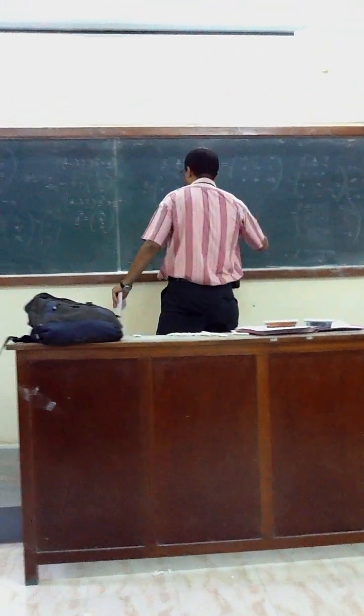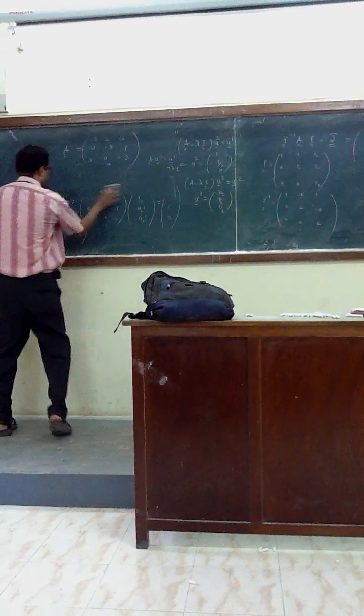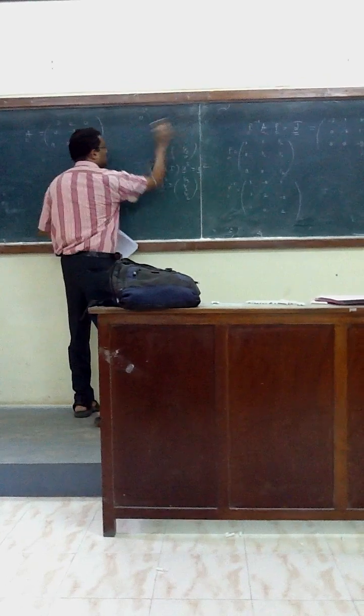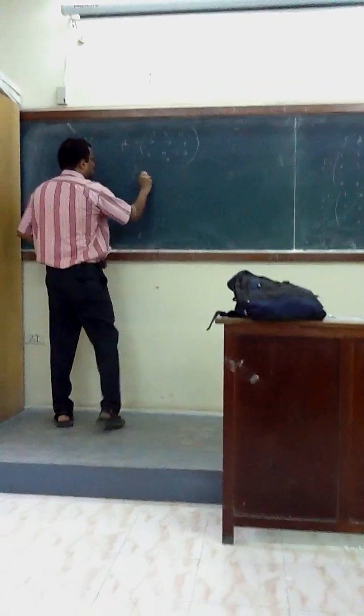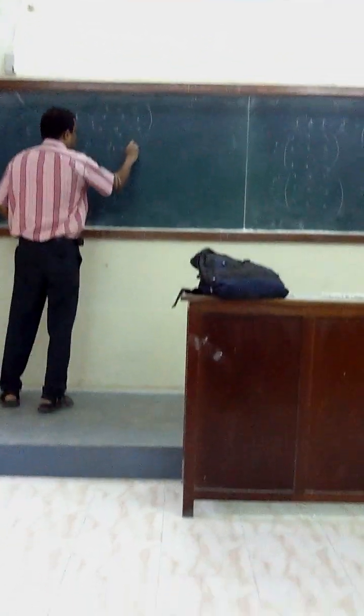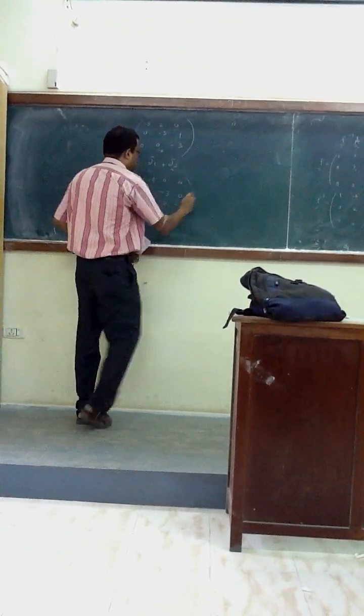Now what actually happens to the 3 by 3 system? You know that this J matrix can be further decomposed to J1 plus J2. J1 is -3 0 0, 0 -3 0, 0 0 -3.